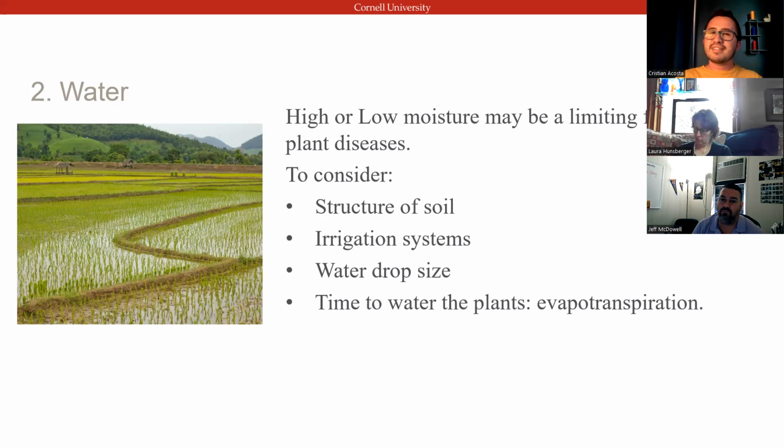This is related to the next one that I'm going to tell, and it's the water drop size. This is an interesting research project that I saw a couple of years ago, about how the water drop size has a relationship with the susceptibility of the plant to get a fungus or bacteria or some microorganism infection, because sometimes the water drop size can damage the plant, can even break the leaves, and that is literally like opening the door for bacteria and fungus and microorganisms.